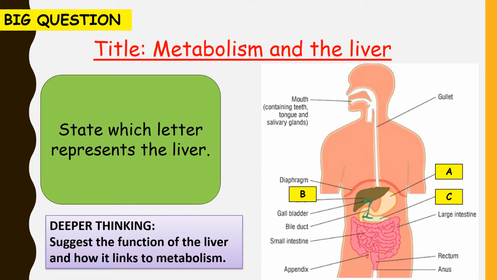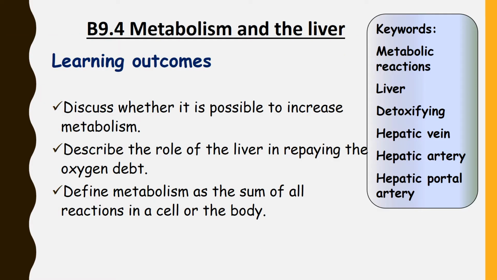Okay, so what we're going to be looking at today: we all need to be able to define metabolism as the sum of all reactions in a cell or a body. We need to be able to describe the role of the liver in repaying the oxygen debt, which we looked at last lesson for anaerobic respiration.